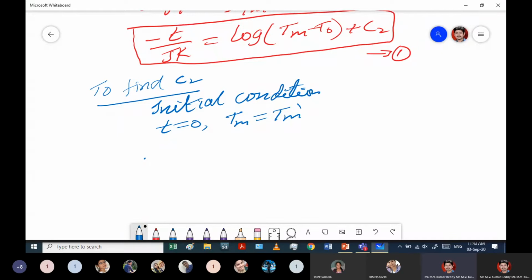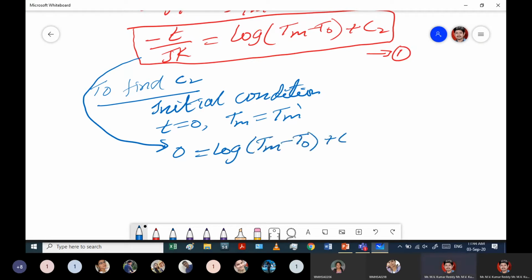The equation becomes 0 is equal to log of Tm minus T naught plus C2. Now C2 is equal to minus log of Tm dash minus T naught.